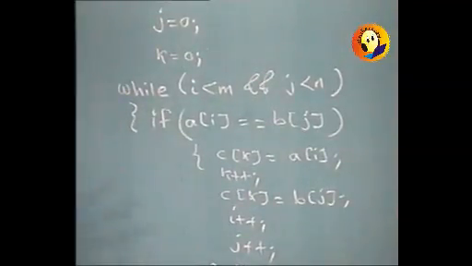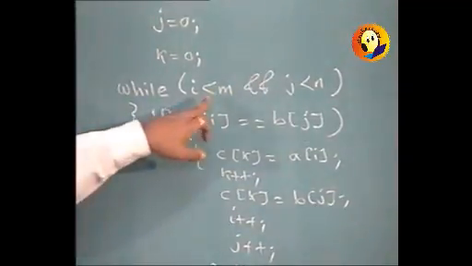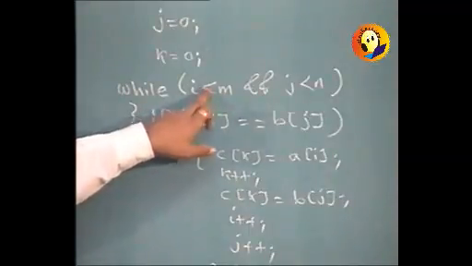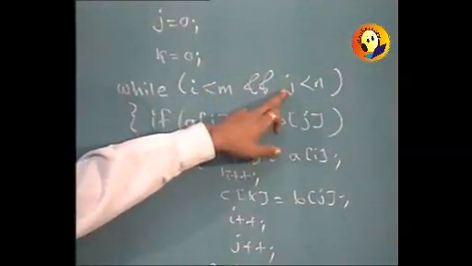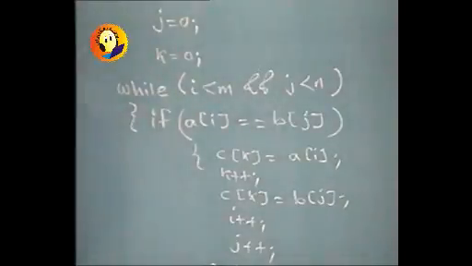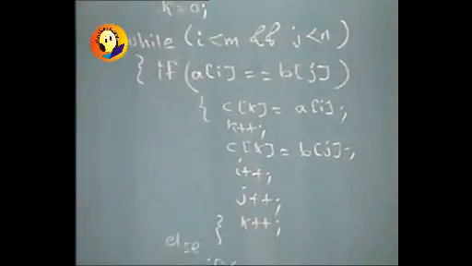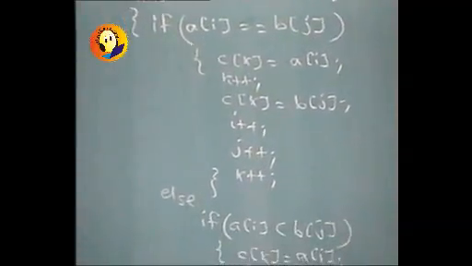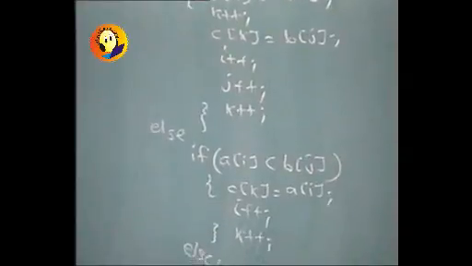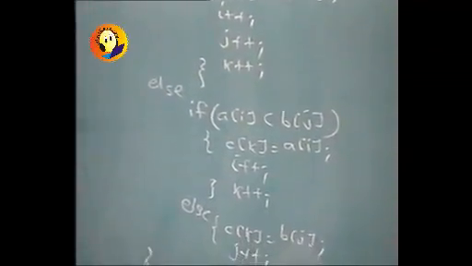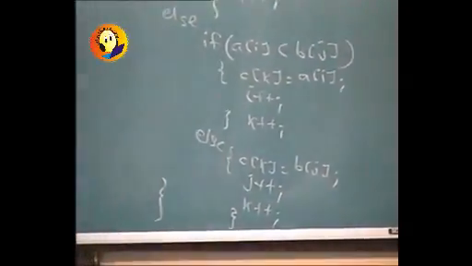And afterwards there will be two cases, either the first condition is false or the second condition is false, and accordingly you will have to copy that particular array. So it was like while I is less than M, C of k equal to A of I. Now I don't have to compare because copy the remaining elements as they are.